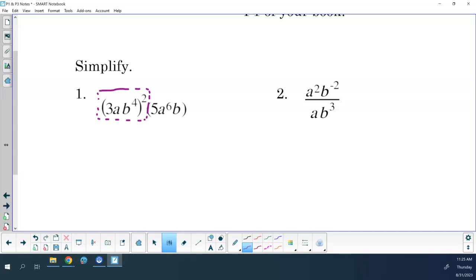Well, the 3 needs to be squared. 3 times 3 is 9. The a needs to be squared. A times a is a squared. And the b to the 4th needs to be squared. B to the 4th times b to the 4th is b to the 8th. Then that still needs to be multiplied by 5, a to the 6th b.